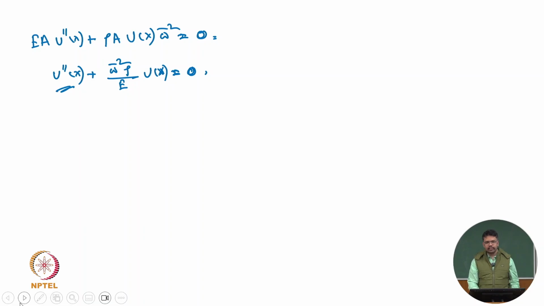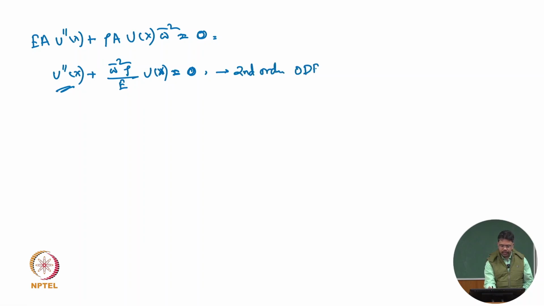What type of equation is it? It's an ordinary differential equation. Very good. So what is the order of that? Second order. So it's a second order ordinary differential equation. Perfect. This is a second order ODE.